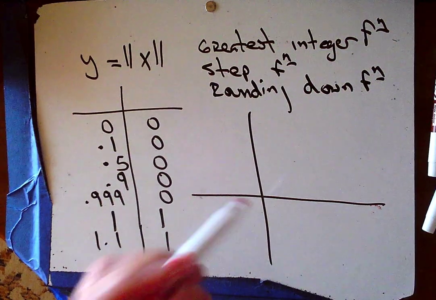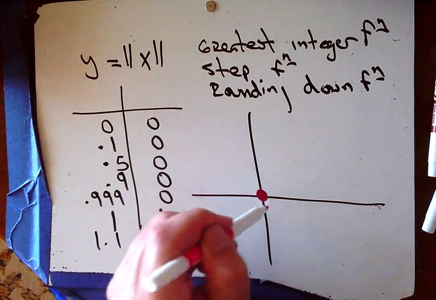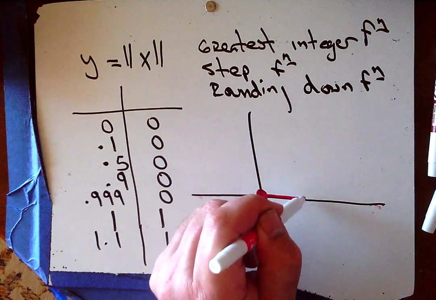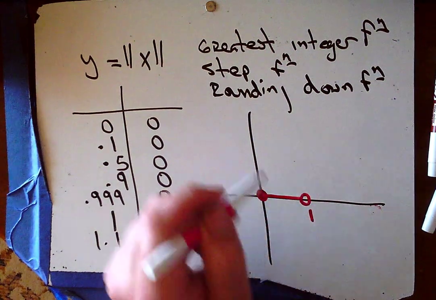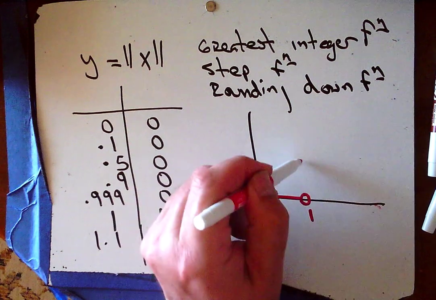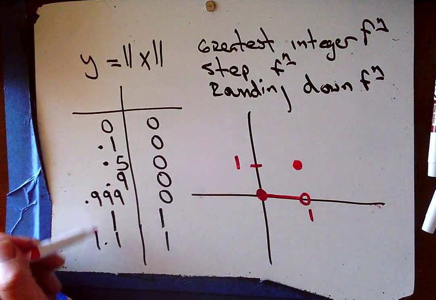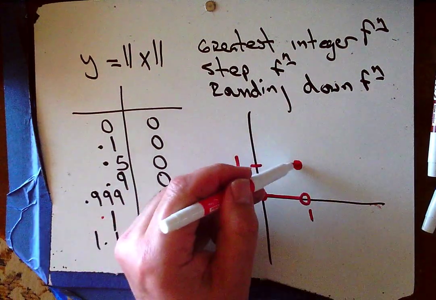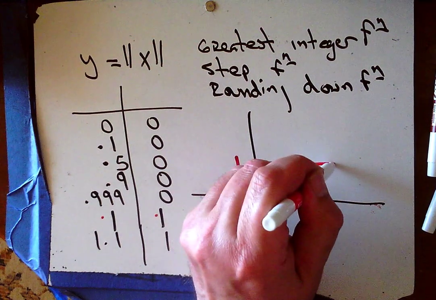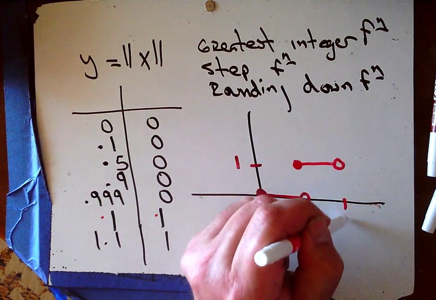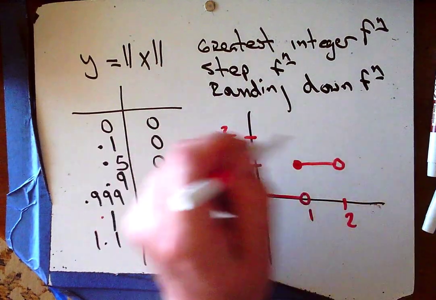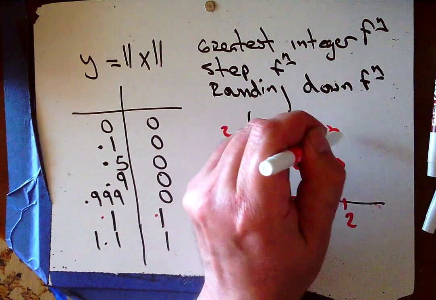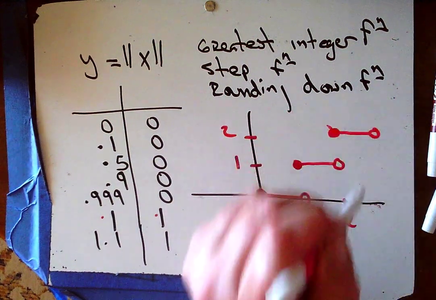Now be careful, because at 0 we have a closed circle, and we go out to 1 with an open circle. And then we jump up at 1, because at 1 the y value is 1. And then we go over another 1 to an open circle at 2, and then we jump up another step up to 2.